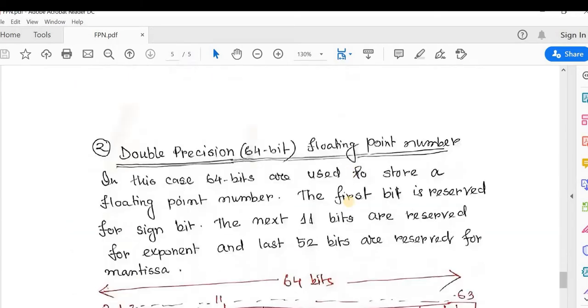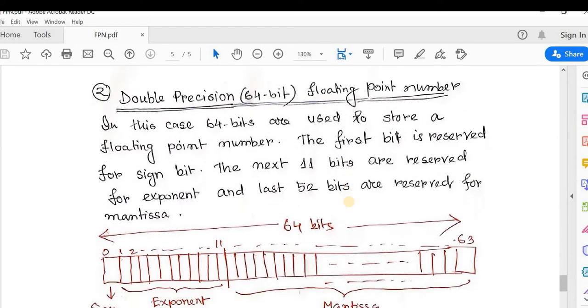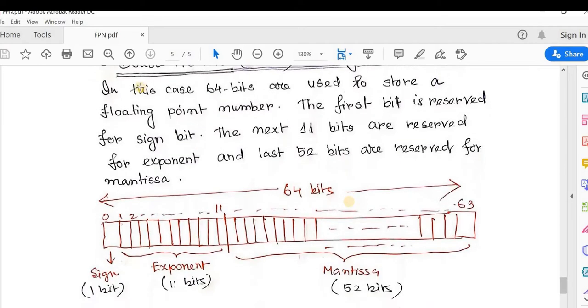Next we will see what is 64 bit floating point representation. In this case 64 bits are used to store a floating point number. The first bit is reserved for sign bit as in 32 bit representation.